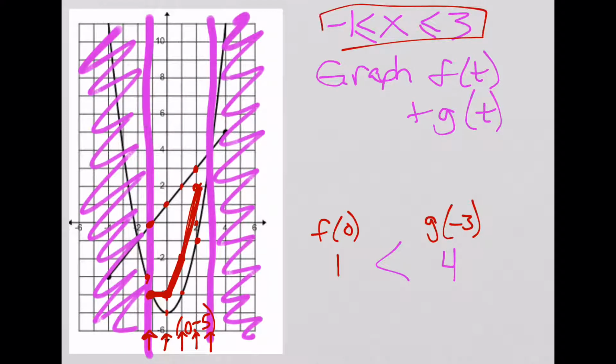And so when x equals 3, it's hard to read, but I believe they are both intersecting at 4. So they are both meeting at this point right here. And that means if you were to add 4 plus 4, that is 8. So that function is going to go way up there. And then you're going to add them together.